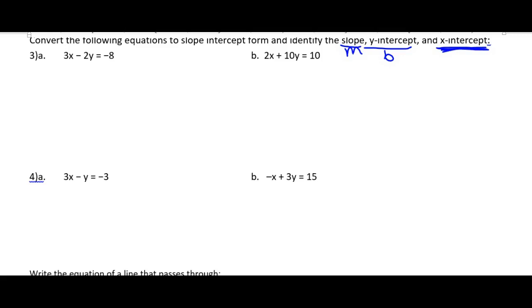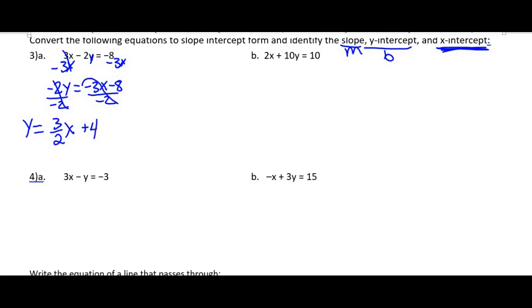We're going to have to do some more work to get the x-intercept. So let's start with solving for y. I want to isolate the y here. I want to get it all by itself. That means I need to cancel out the 3x. So minus 3x to both sides. -2y is -3x minus 8. Divide by -2, and you end up with y equals +3 over 2x plus 4.